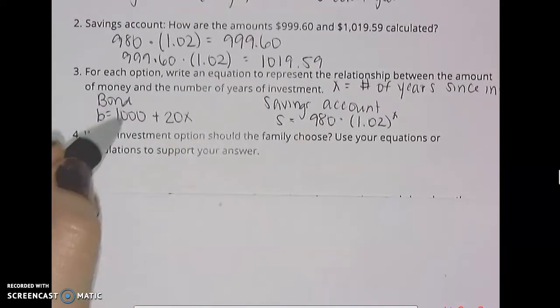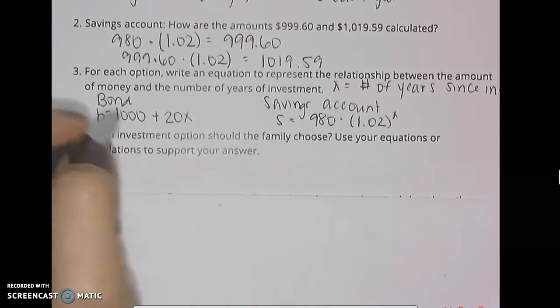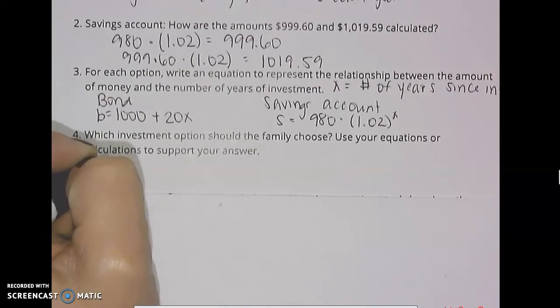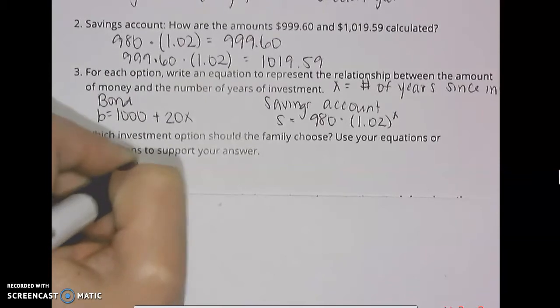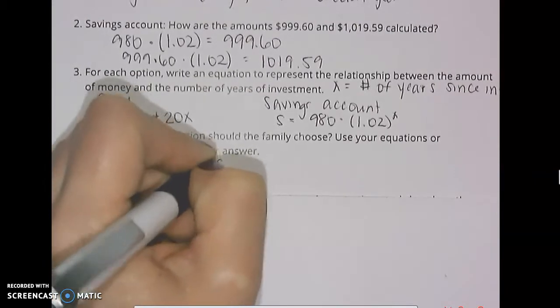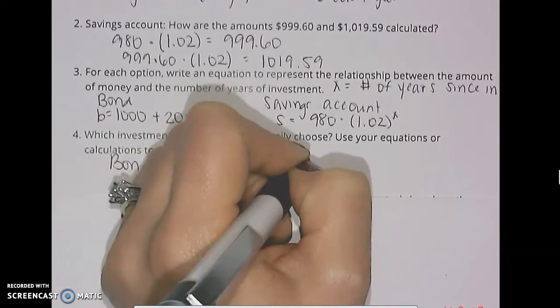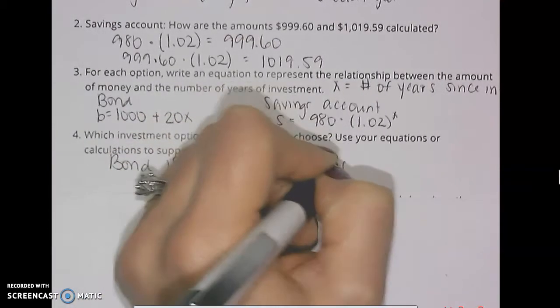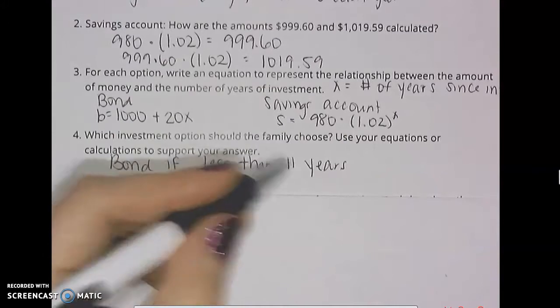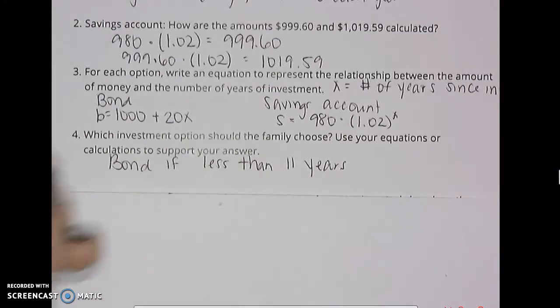The bond has more money in it initially because it started with $1,000. There was no fee to open that account. So I would say we would want to choose the bond if we have less than 11 years. Okay. And it's not exactly 11 years, but it's close enough.